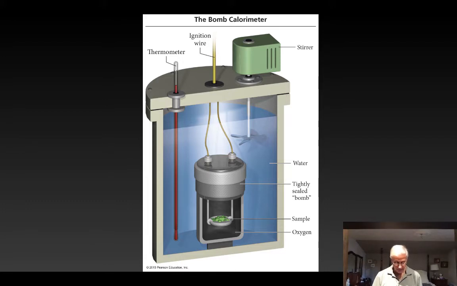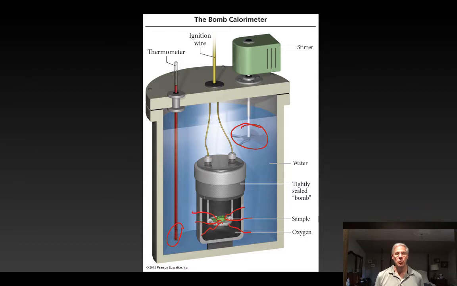When it ignites, the heat from that reaction will come out. It will heat up the bomb, which will then heat up the water. The thermometer right here measures the change in the temperature of the water. The stirrer that's up here will help ensure that the water is the same temperature throughout so that the heat is evenly distributed throughout that water sample.